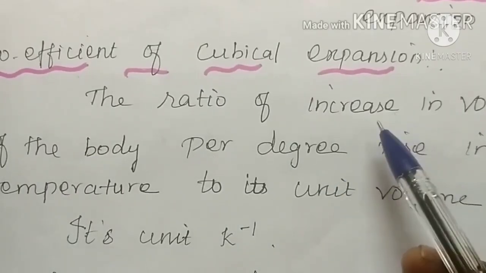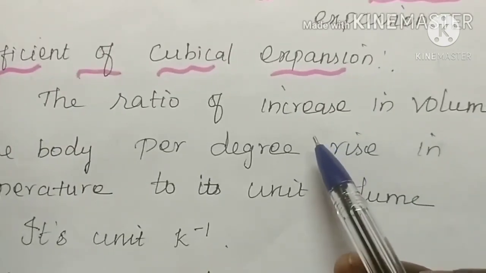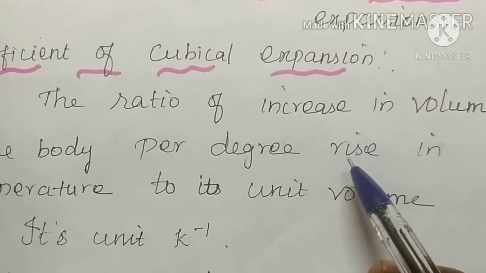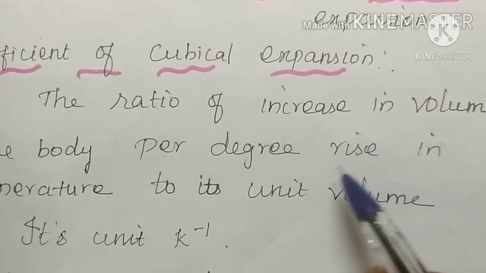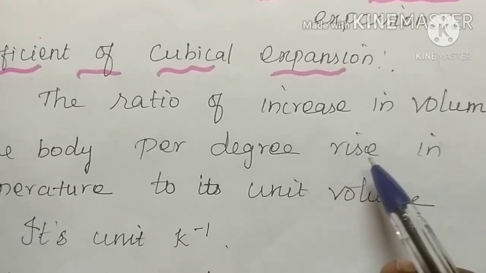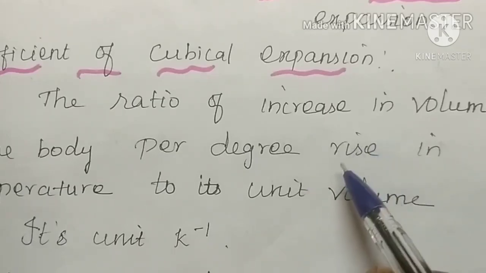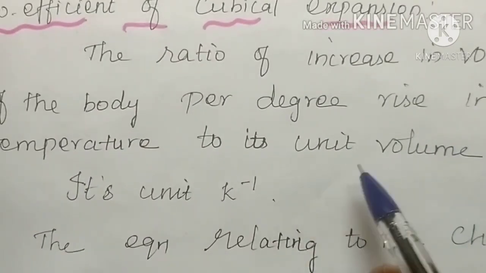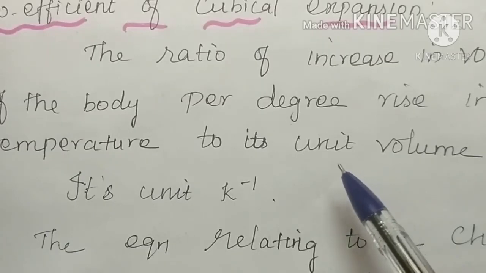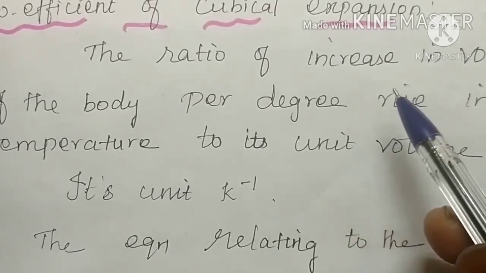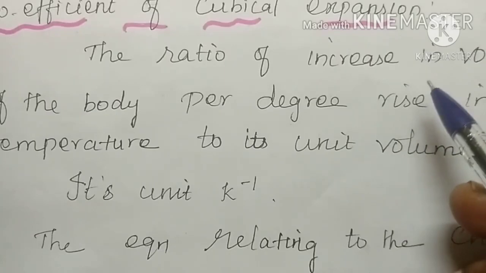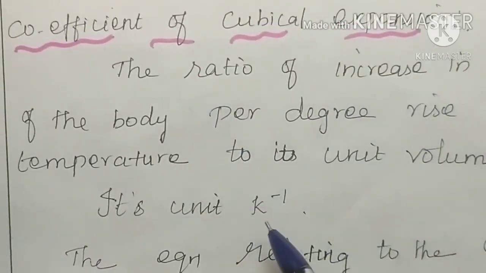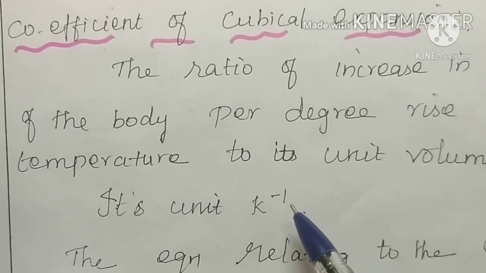If you give heat energy continuously, there will be a rise in temperature, and based on that the volume will increase from the original volume. For each unit volume, how much the volume increases is called the coefficient of cubical expansion, and its unit is Kelvin to the power minus 1.